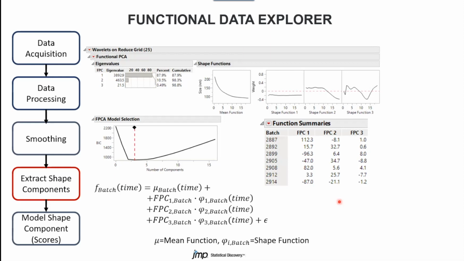So this is just a review of what this underlying model is. We've got a mean function, and then batch 2887 is 112 times this shape, minus 8.1 times this shape, plus 1.0 times this shape, and so on.